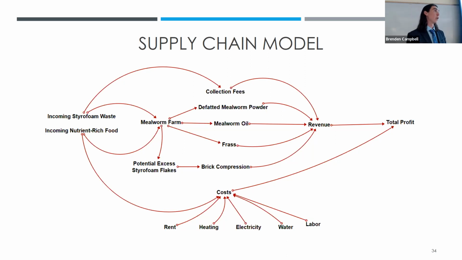But it's simplified here for clarity. And that's that defatted mealworm powder and mealworm oil. From this model, we can run several simulation scenarios, including simulated styrofoam consumption for each treatment.